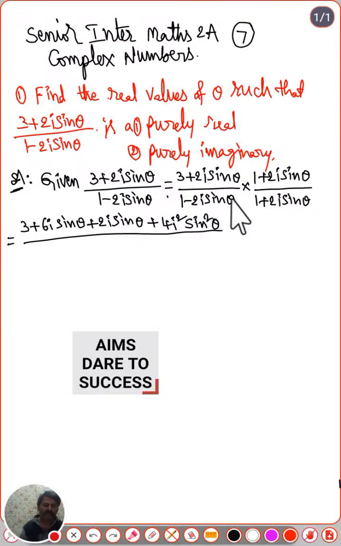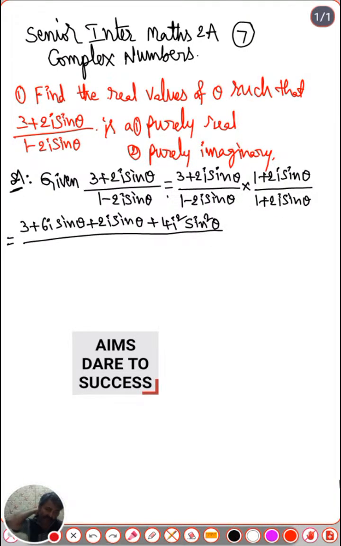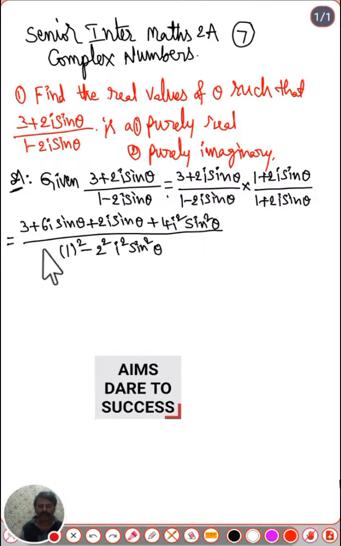The denominator is of the form (a + b)(a - b) = a square - b square. Applying the power individually: 2 square, i square, sin square theta. So the numerator is 3 + 6i sin theta + 2i sin theta, which is 8i sin theta.